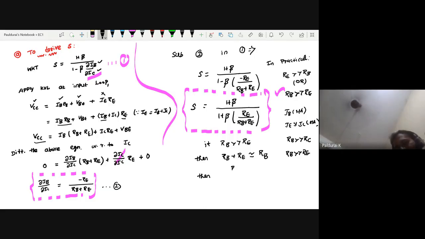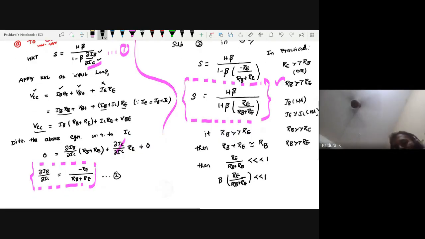Then RE divided by (RE plus RB) is very much less than 1. Then beta times RE divided by (RB plus RE) may be very much less than 1. So when compared to this one, beta times RE divided by (RB plus RE) is negligible. Therefore, what is our stability factor?